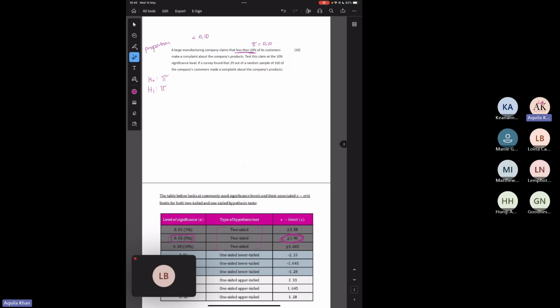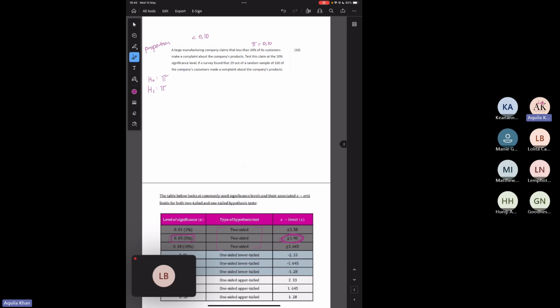Now we need to write down the less than 0.1, which is the claim being made. We need to know, where does it go? Is it going to go into the null hypothesis, or into the alternate hypothesis?